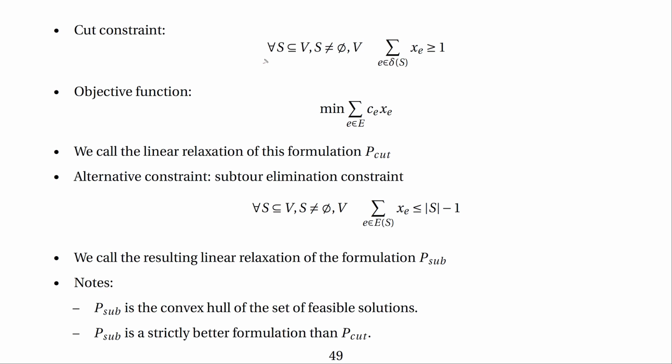So we formulate this by requiring that for all subsets S that are subsets of V, but not the empty set or the full set, we do a sum over all variables x_e for all the edges that are part of the cut set of S, so that are part of delta S. And the sum of these corresponding edge variables has to be greater or equal to 1.